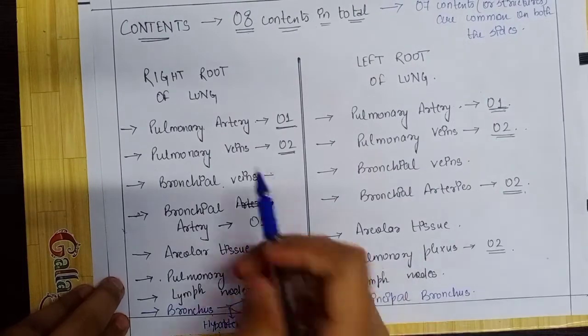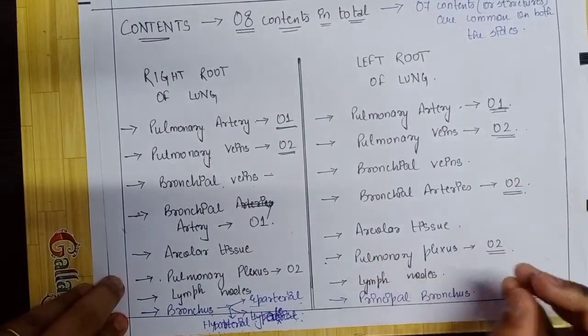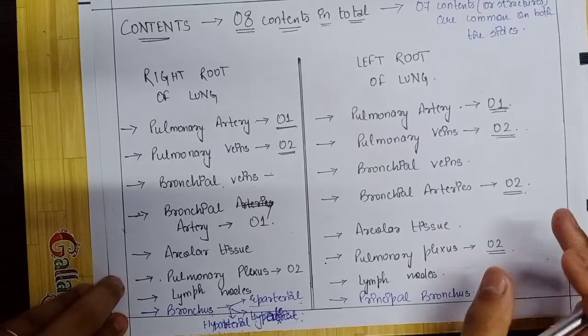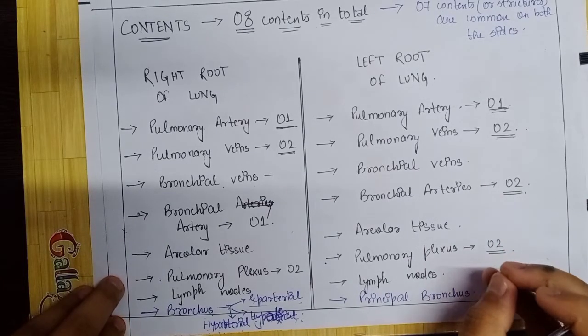The answer is because usually the arteries of our body contain and transport oxygenated blood, also known as pure blood, whereas the veins transport the deoxygenated blood.